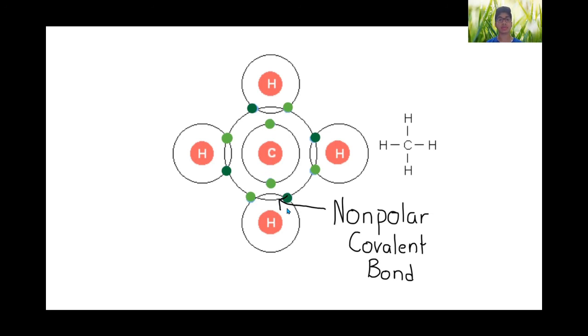Rather, these electrons will actually be shared equally between carbon and hydrogen because neither of them is more electronegative than the other. When a covalent bond is formed between 2 elements that have very similar electronegativities, it's called a non-polar covalent bond. And that's the case when carbon covalently binds to hydrogen, like it is in this diagram.